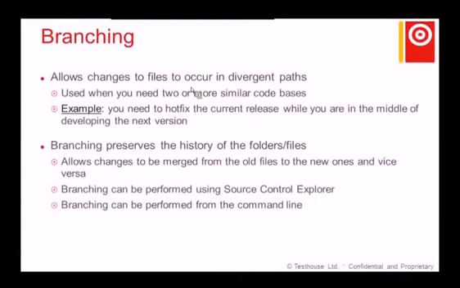In a similar vein, what a lot of organizations do is something called branching within a code control system. This is useful if you have a code base, a project for a particular product in your organization, and you want to do parallel development on that product.